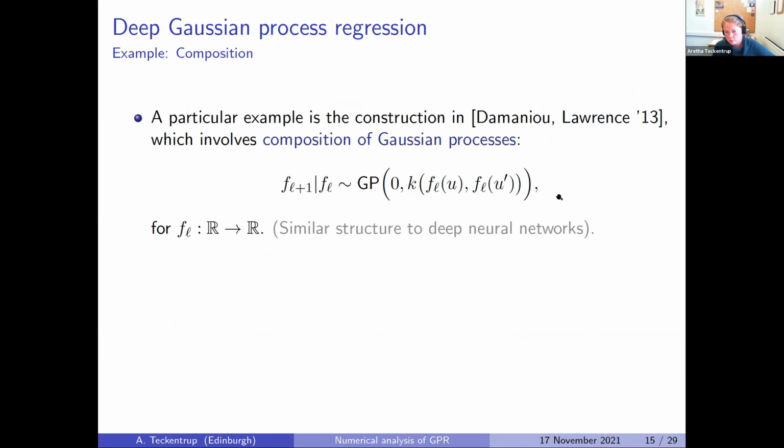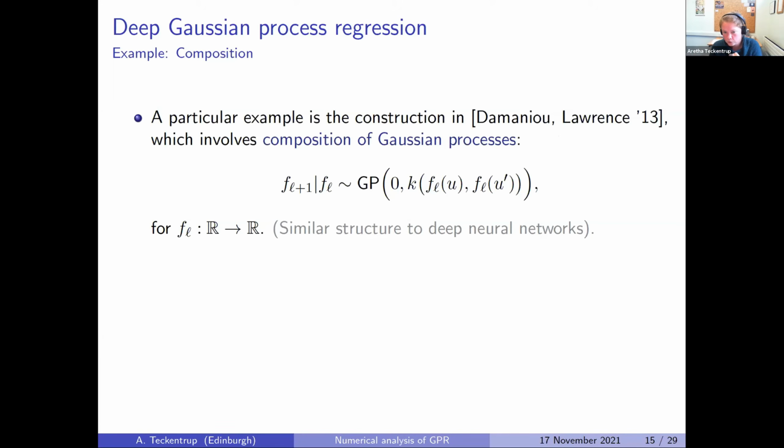Right. So one example is the canonical construction for deep Gaussian processes, the one that was done in the first paper on deep Gaussian processes. And that structure is very similar to the structure of deep neural networks, right? So in deep neural networks, remember what you do is you use the output of one layer as the input to the next layer.